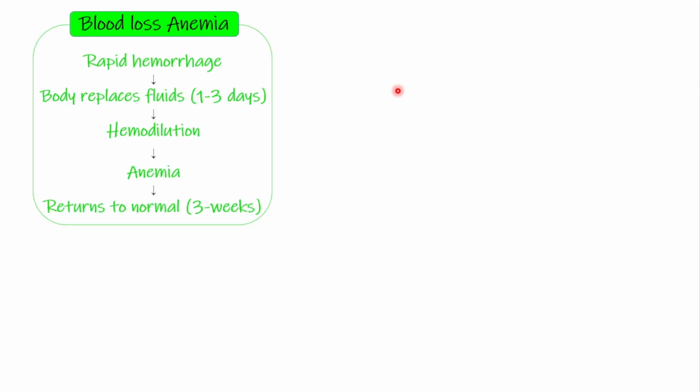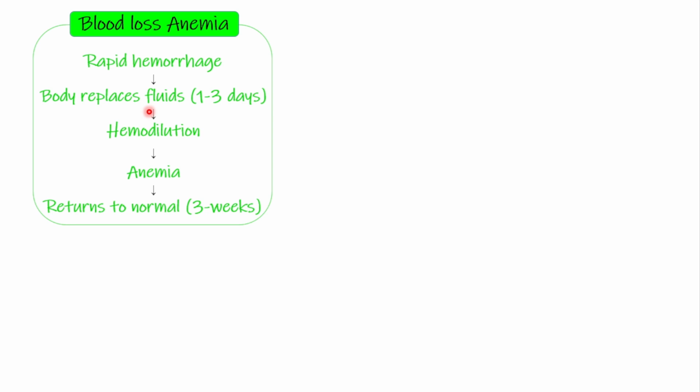Now let's discuss a few other points regarding anemia. So now we have blood loss anemia. For instance, if someone suffers from a car accident and there is rapid hemorrhage and he goes to the hospital, how does the body respond? The body replaces the lost blood with fluids in 1 to 3 days. If someone has lost 1 liter of blood, then in order to maintain the blood pressure, the body will replace that blood with fluids in the next 1 to 3 days.